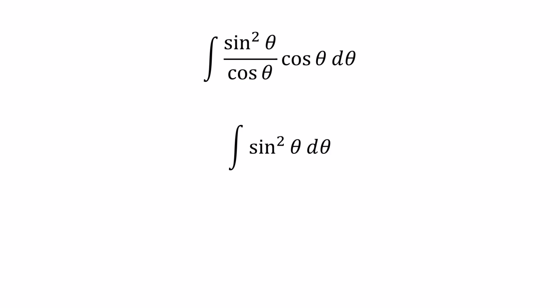Applying the power reducing identity, we obtain 1/2 times the integral of 1 minus cosine of 2 theta d theta.